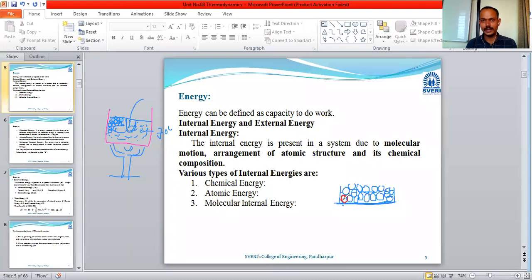Now if we see it in the form of temperature, what will we do? We will add heat again. It means we are adding energy, correct? Yes, sir.